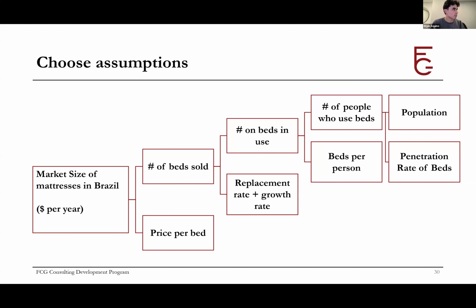I want to hear what you think for penetration rate in terms of how many people are actually buying mattresses in Brazil, and maybe how you would assign a number to that. Devas has brought up a good point that some people might be homeless, some people might not have beds, some people might be sharing beds, but we'll probably calculate that a little bit later. But what do you think an appropriate penetration rate might be, and maybe give us some details behind that?